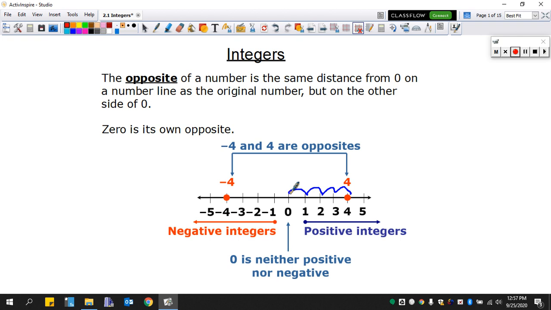Negative 4 is the same amount of spaces, 4 spaces to the left of 0. So opposite numbers are the same distance from 0, but in other directions, all right? And the number 0, like I said, is neither positive nor negative, and because of that, it is its own opposite.